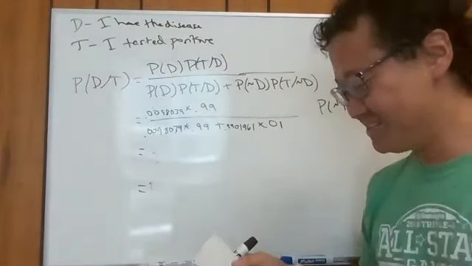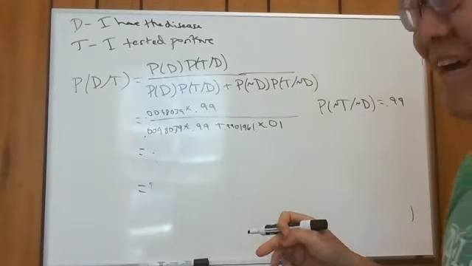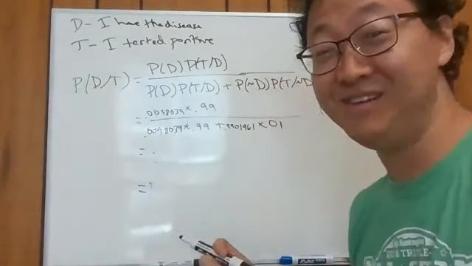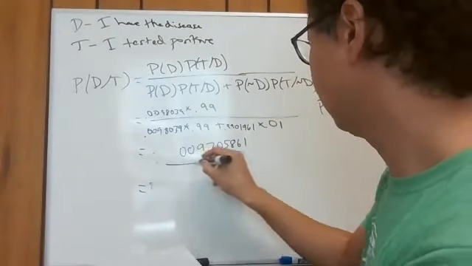So now you just have to multiply. Just put everything in your calculator. I doubt most, probably all of you, I'm sure none of you can do this in your head. But this number, 0.0098039 times 0.99 is going to be 0.009705861. Okay.